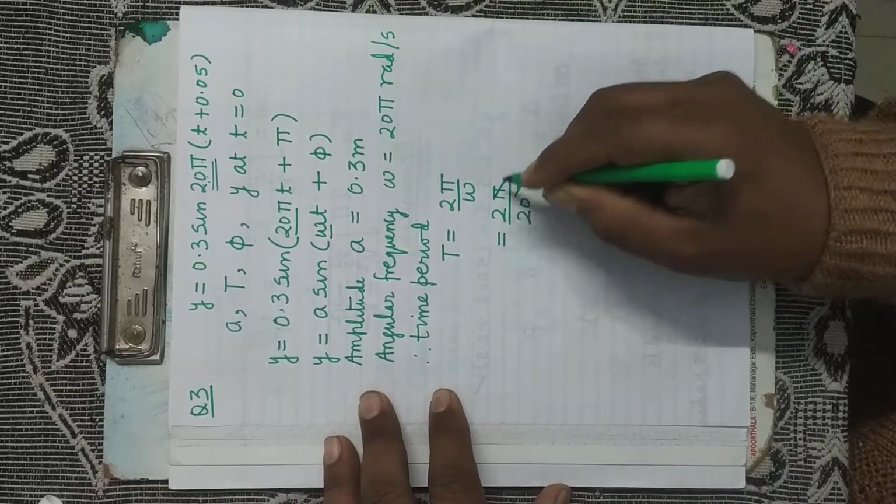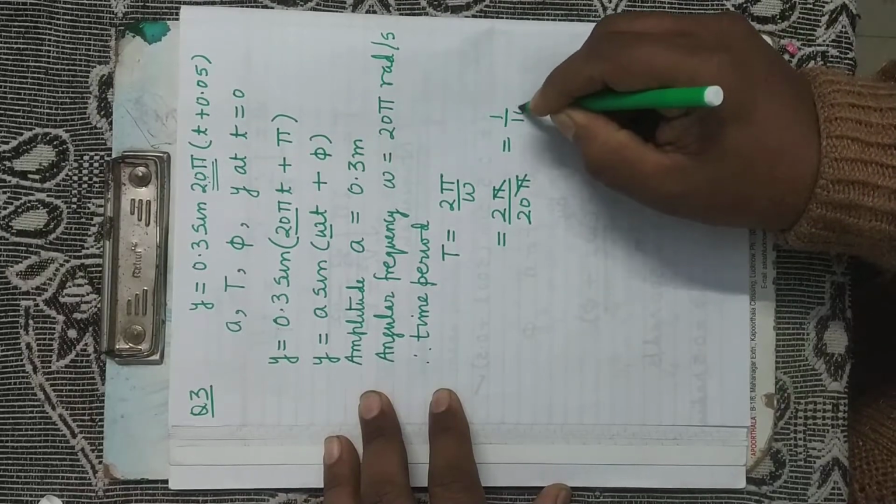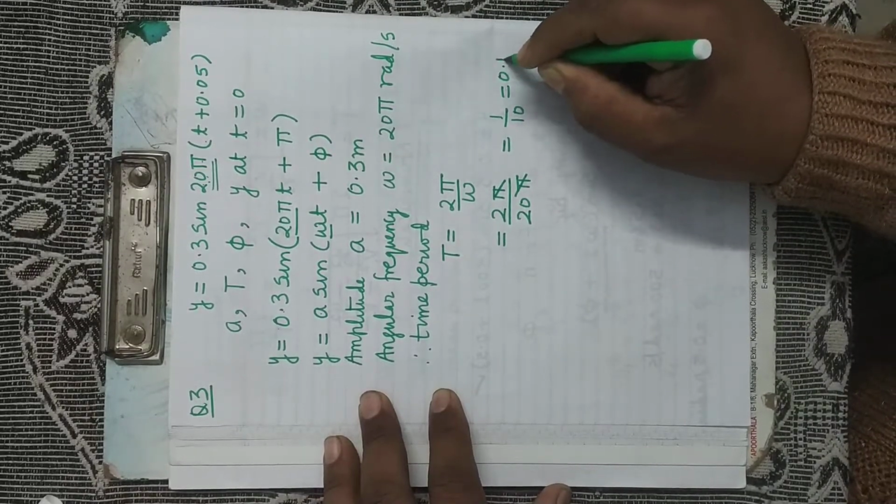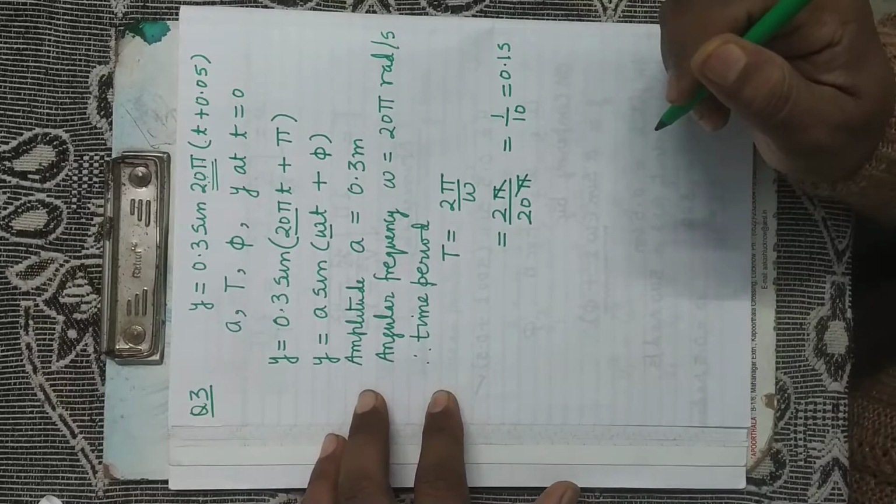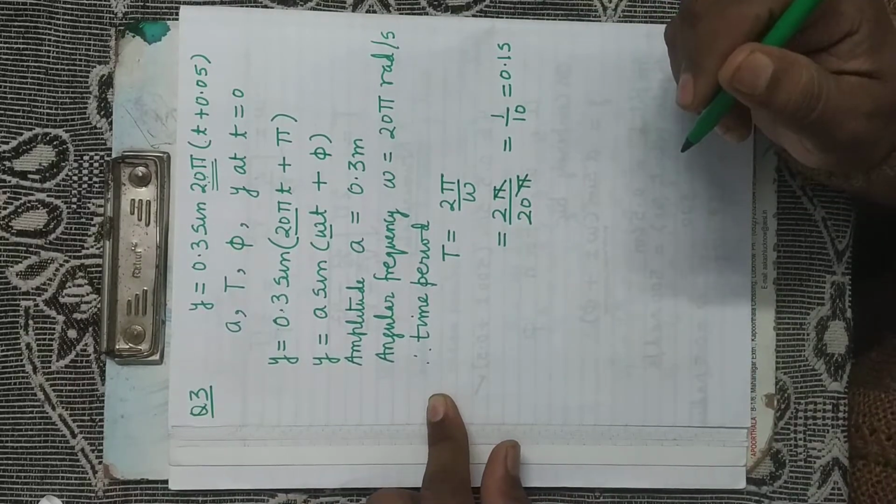So this and this cancel, 1 upon 10, that is 0.1 second. This is 0.1 second. It's clear.